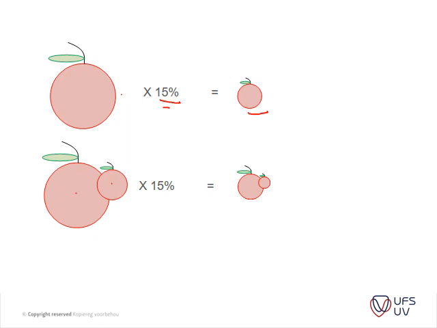The mistake that many people make is that if you times this with 15%, it's already got 15% included. So it's not 100% that you're timesing it with. It's 115% that you times with 15% to get 15% of 115.